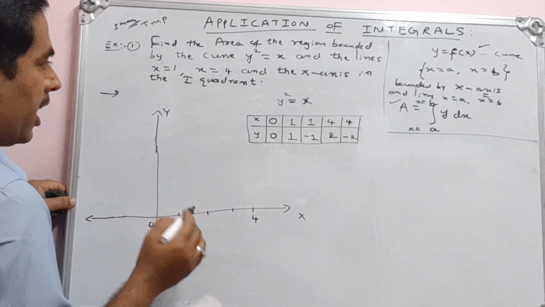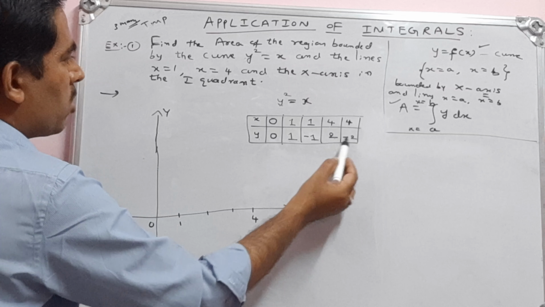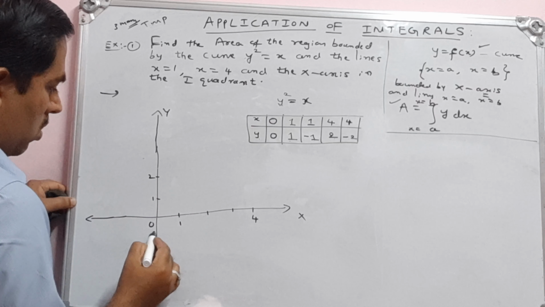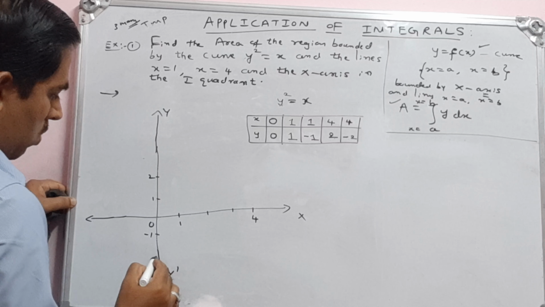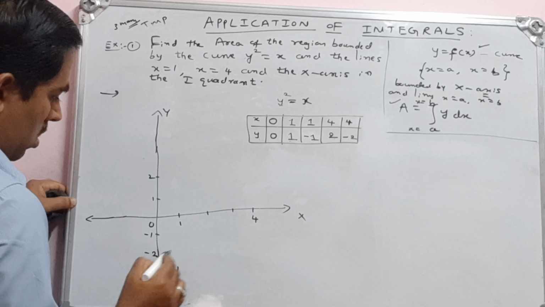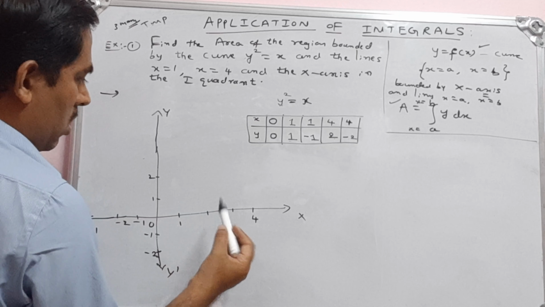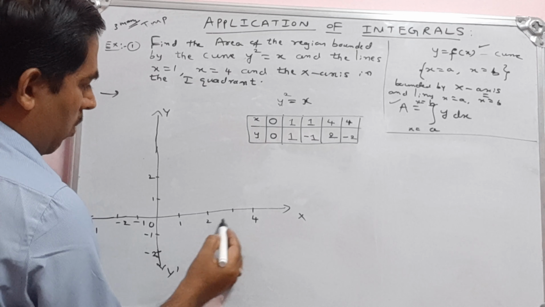For x, we don't have any negative values. On the y-axis, we have 1, 2, then minus 1, minus 2. We don't want this portion. Observe this 1, 4, I want only 1 and 4. On the y-axis we have 1, 2.